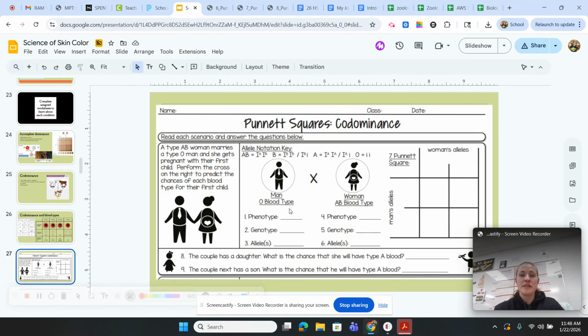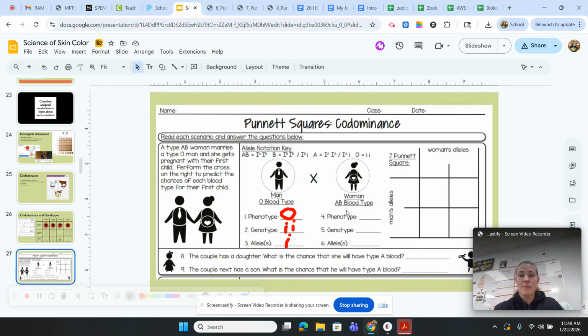So if we have a man with type O blood, his phenotype is type O. His genotype, according to this, is little i, little i, and the alleles that he has would be little i.